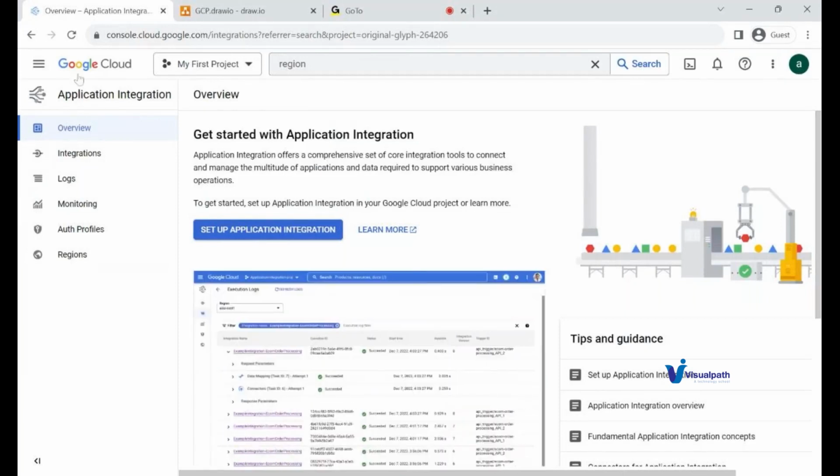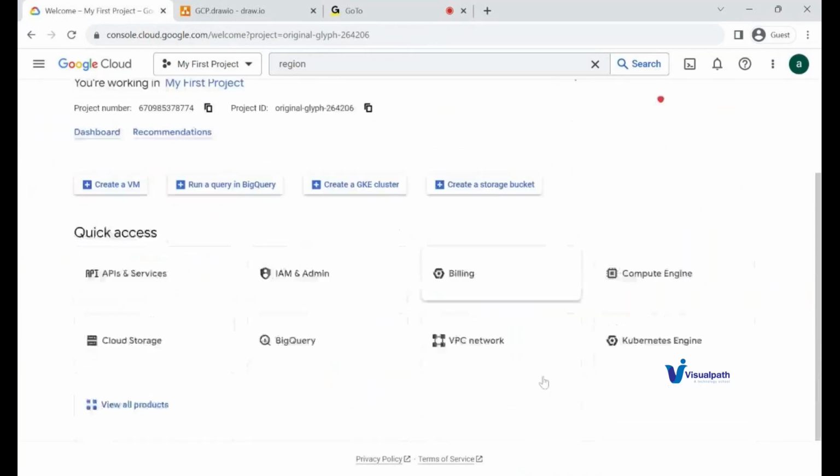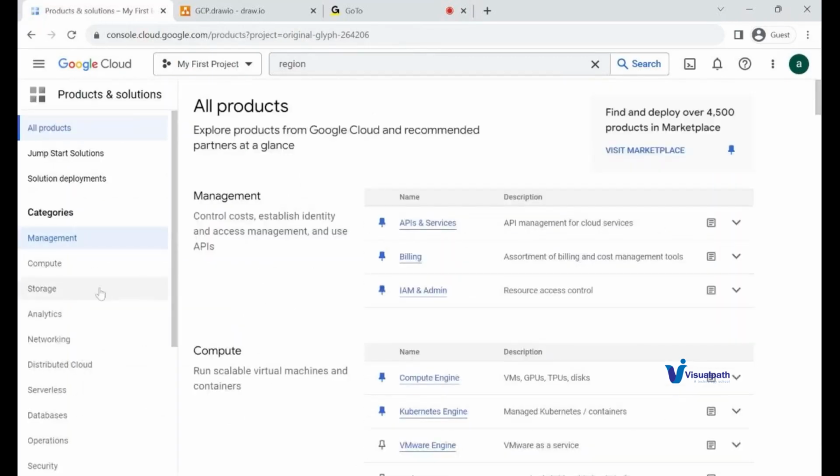Okay, so first, when you have just logged in, this is the typical dashboard that you see. If you click here, you get all the products. I'm just giving an overview. It's all the products that they offer, and there's a quick navigation box.